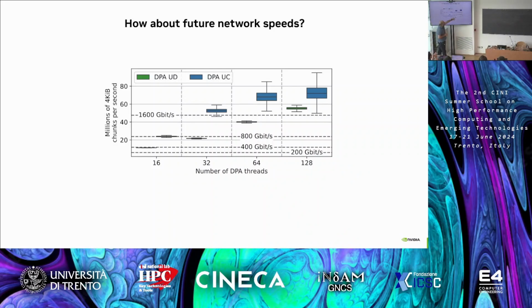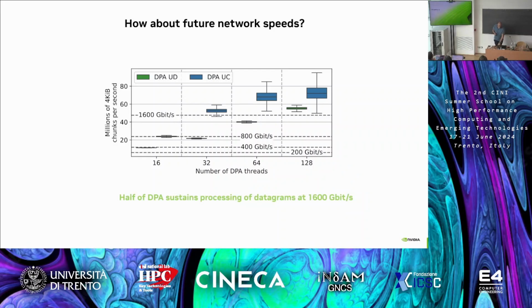So with 64 DPA threads, again over 256, and for this generation, assuming that the network goes to 1.2 terabit, and the DPA is what we have today in ConnectX-7, with 64 we are actually able to go to 1.6 gigabit per second. Right, so apparently it could scale well.